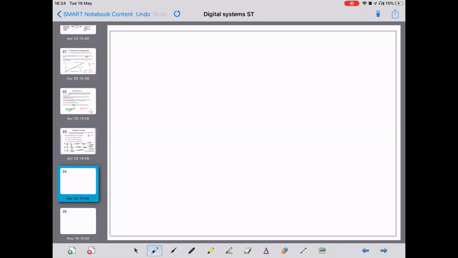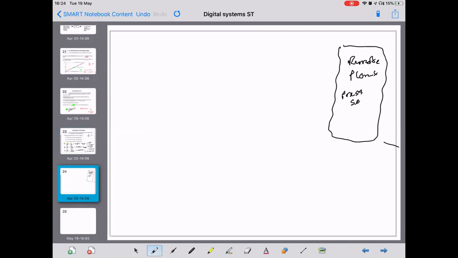If you have a large site with some remote plant, it's going to be a bit rough, and you've got things like pressure sensors, flow sensors, temperature sensors that give you analog signals.